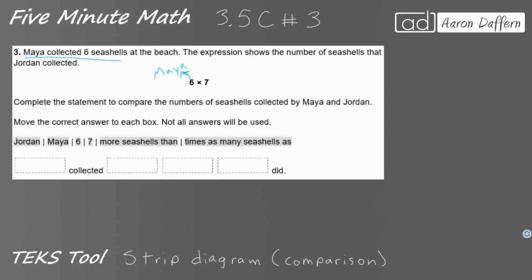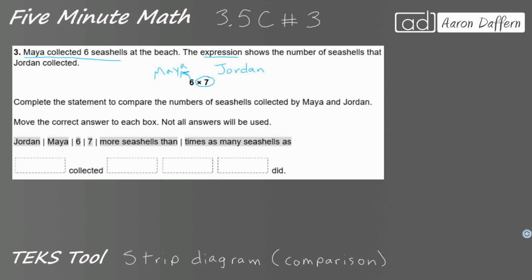Now, when it says seven, it doesn't mean that Jordan collected seven. It's an expression, shows the number of seashells that Jordan collected. So Jordan is what's left, which is not seven, but times seven. Okay, so if Maya collected six, then it looks like Jordan might collect seven times as much.